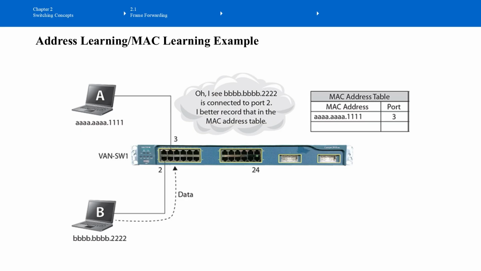So the switch learns computer B is connected to it, and is going to record this information to its MAC address table. This table is only there if the system is running. If you power this down, we will lose the data. In other words, this is stored in the volatile memory, in the RAM.